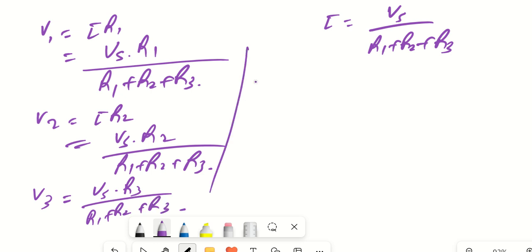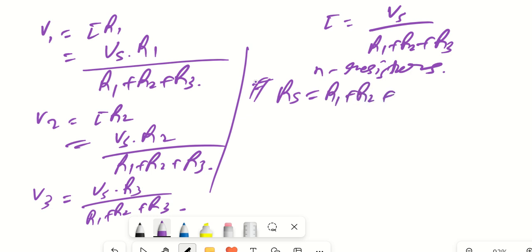Now if we extend this concept to a series combination of many resistors, let us say n resistors, then we can write Rs is equal to R1 plus R2 plus R3, like that, adding all the resistors up to the nth resistor.